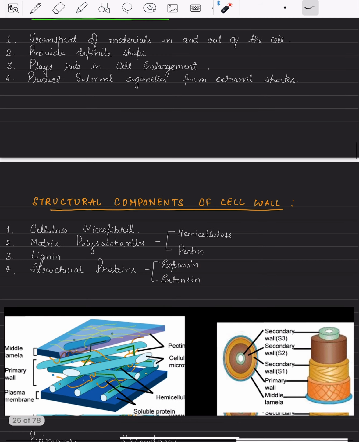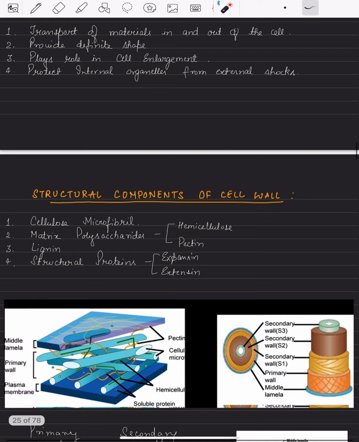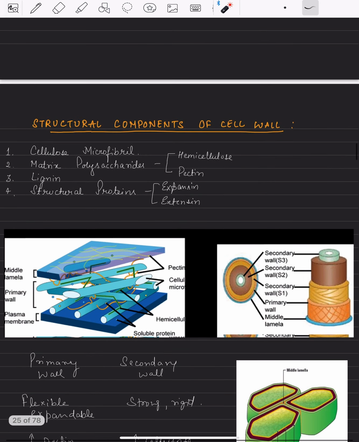Now you can see this diagram here. This is the middle lamella that is rich in pectin and responsible for cementing the primary and secondary walls. You can see here the primary wall, with its cellulose microfibrils and how they are arranged, their orientation.